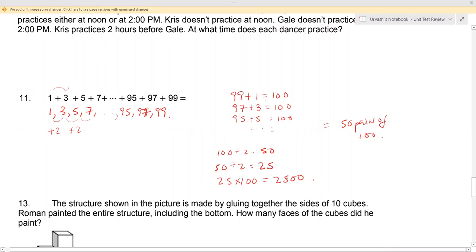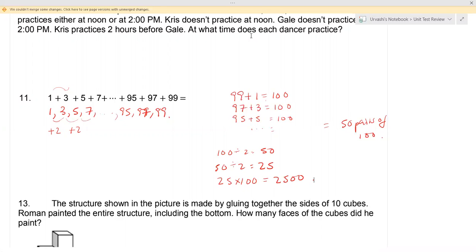Okay, can you explain the steps that you did to get there? 99 plus 1 equals 100, and then I divided it by 2, and that would equal 50.